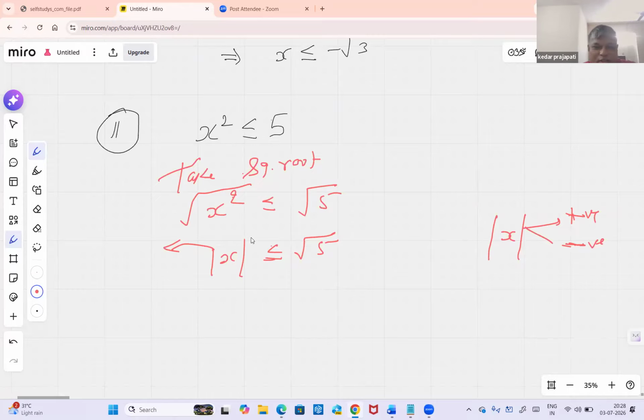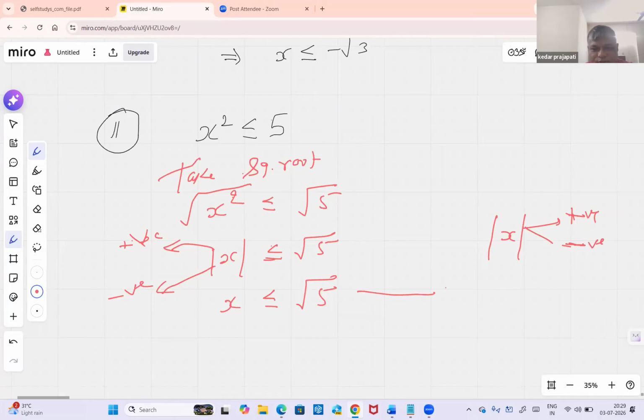What I'm saying is, root x square, you did, right? So it is |x|. X will be either positive or x can also be negative. Suppose x is positive, then |x| is less than or equal to root 5.